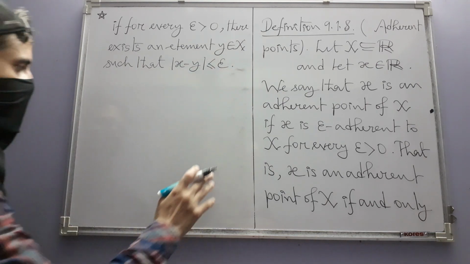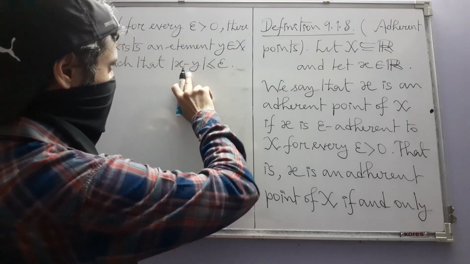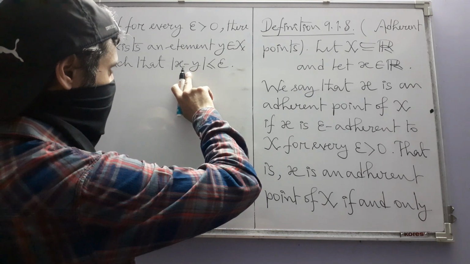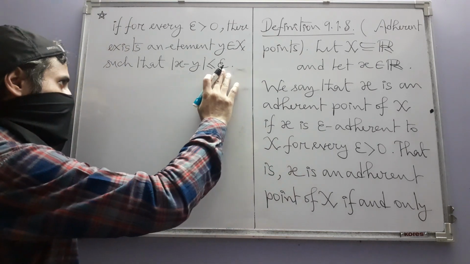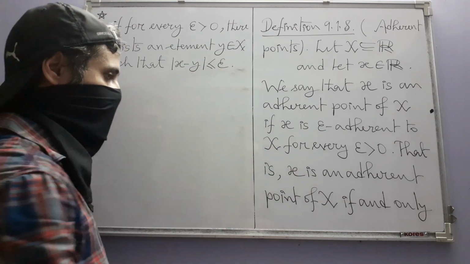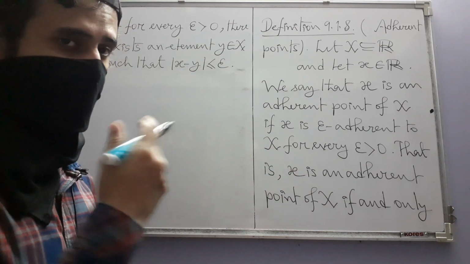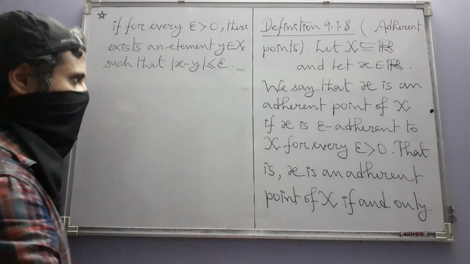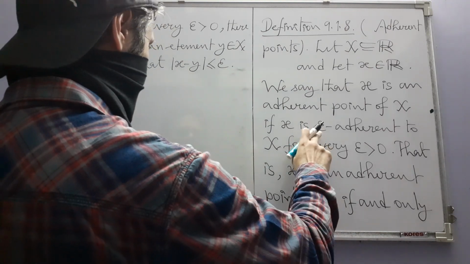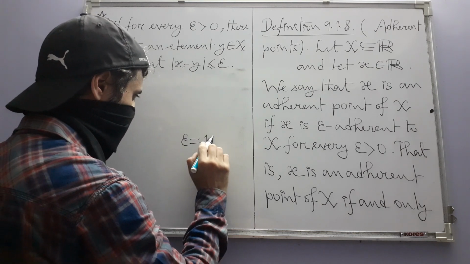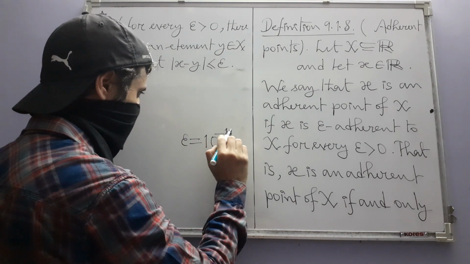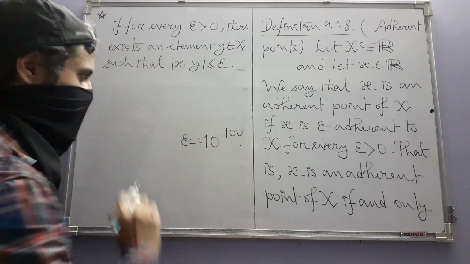What I am trying to say here is that it does not matter how small epsilon is. It really does not matter how small you choose epsilon to be, say something like this, unimaginably small.